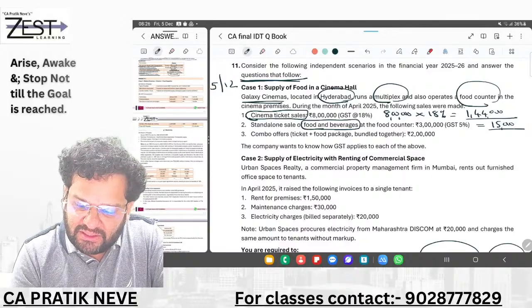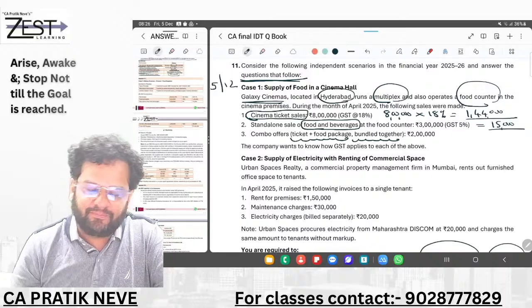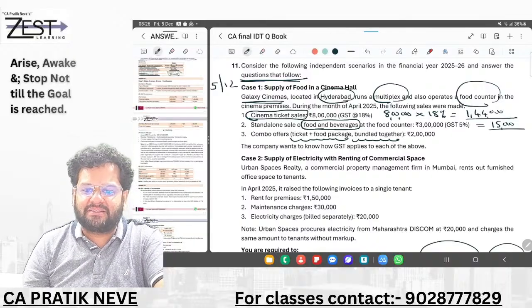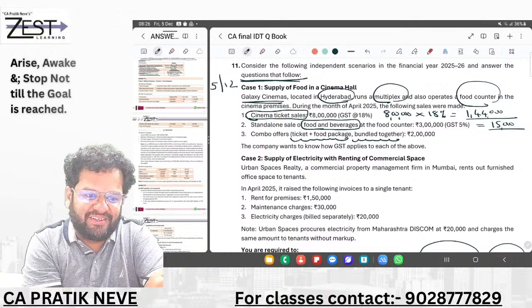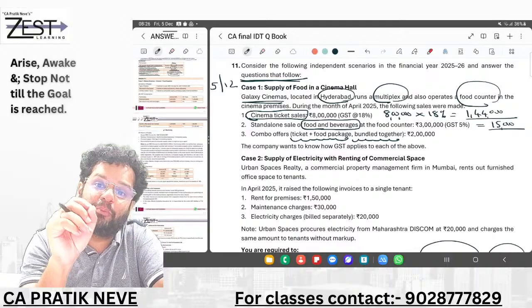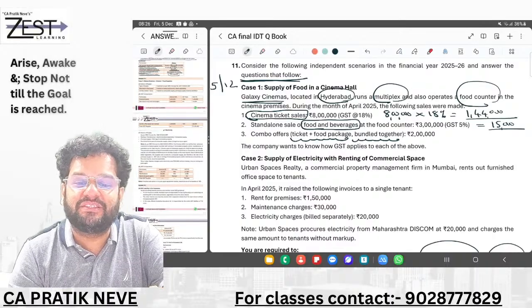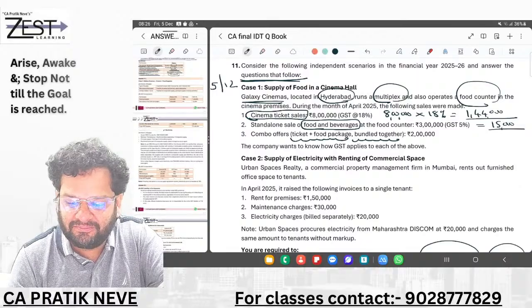Combo offers, ticket and food package bundled together. That means in a single price, there is a movie ticket plus the facility of buying some food. So this is a composite supply in which the principal supply will be of cinema.